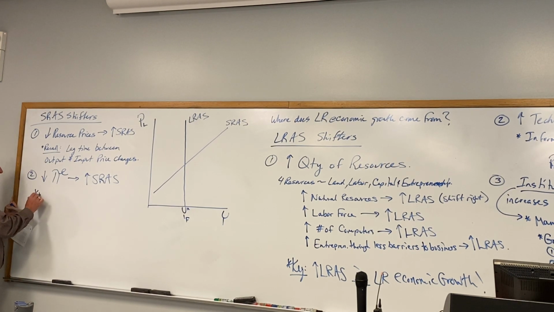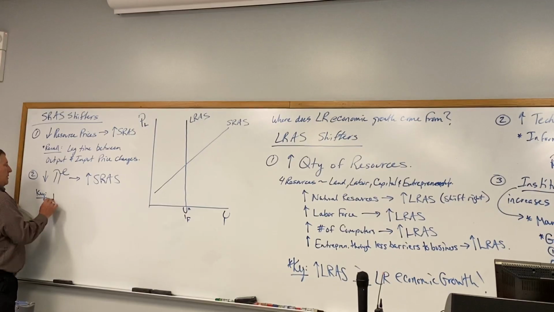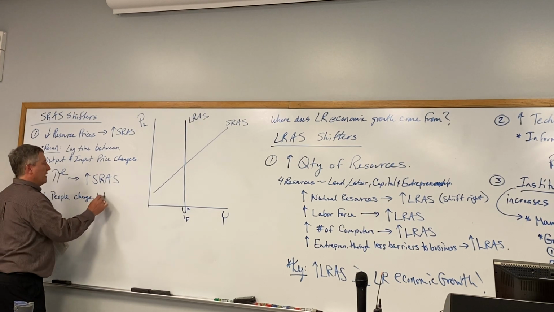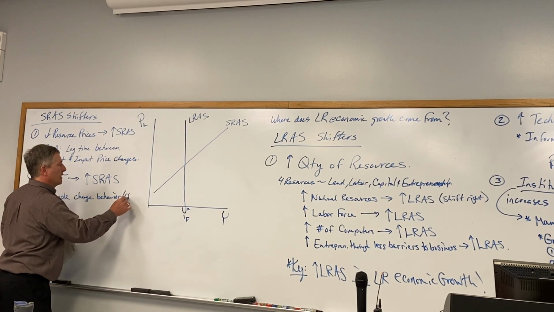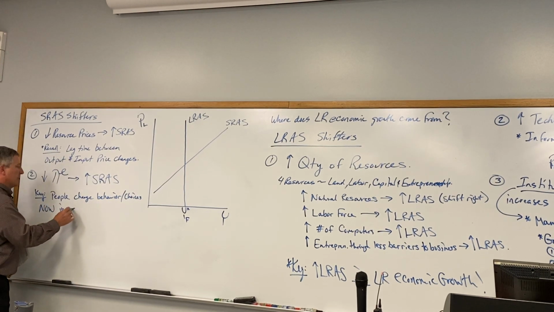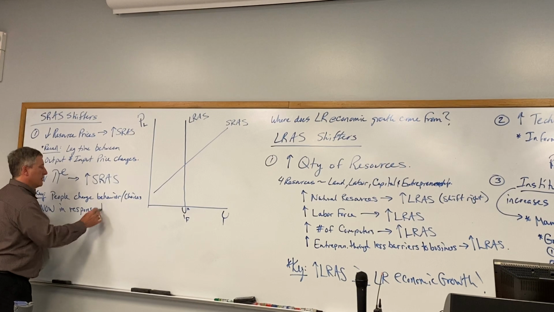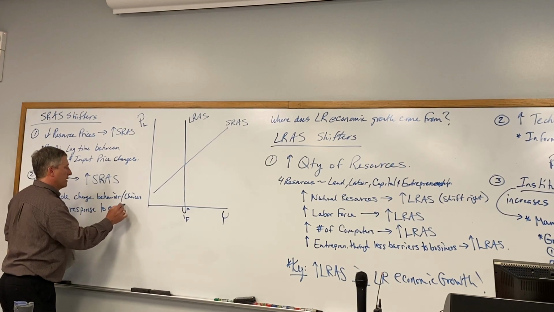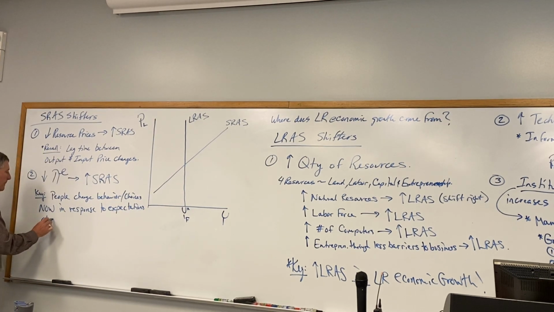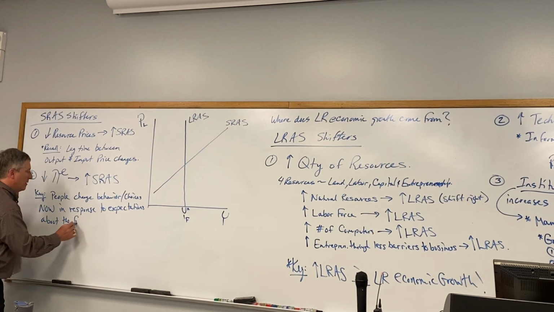And the key point that we've talked about before with this is people start changing their behavior now based on what they expect to happen in the future. So people change behavior and choices now in response to expectations about the future.